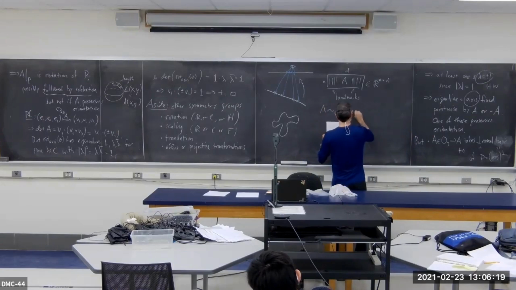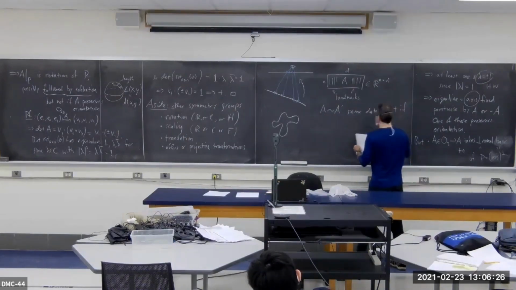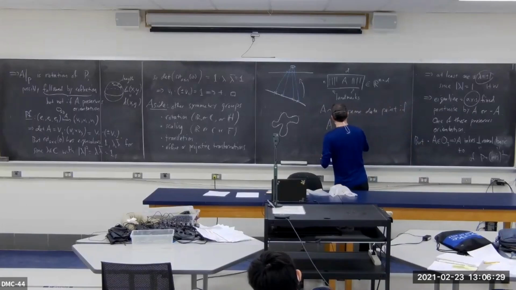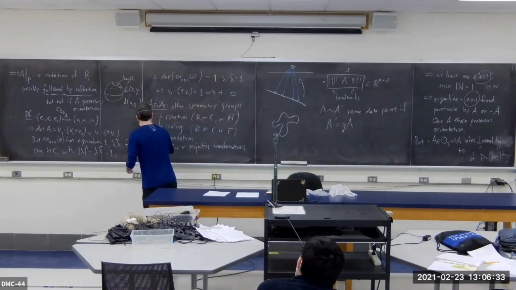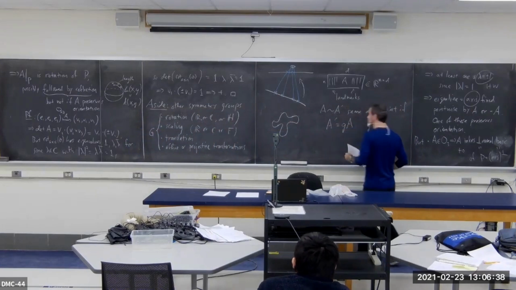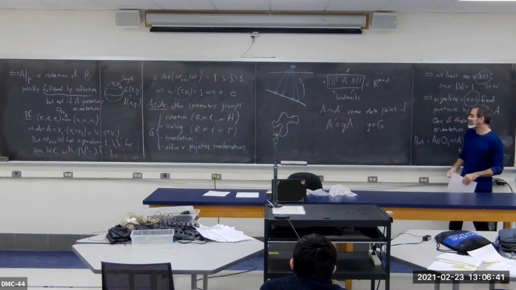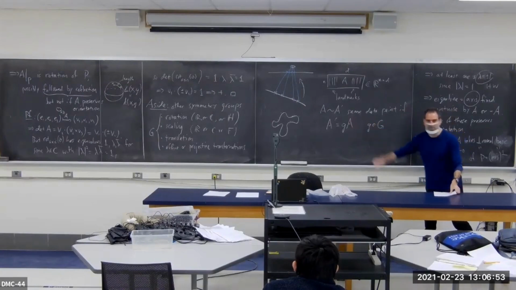That's if these are the same data point, if A prime is equal to G times A, where G is an element in this group, right? So I just want to say that it's the same face. If you have a picture of a face here or a picture of the face there, I want to say it's the same data point if this image is off by a projective transformation from this image. And that's why it's useful to understand these groups.